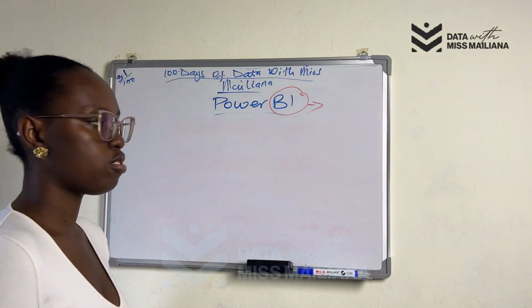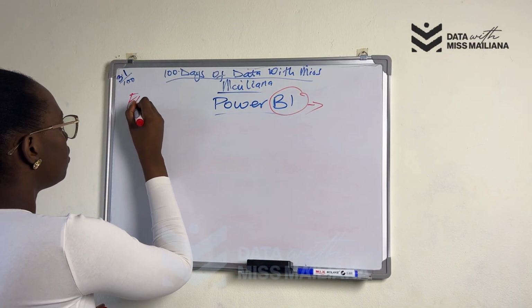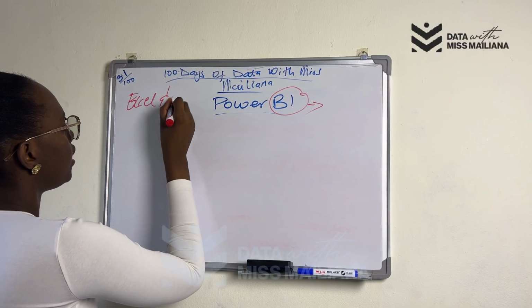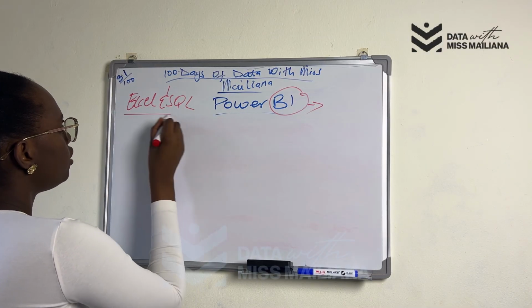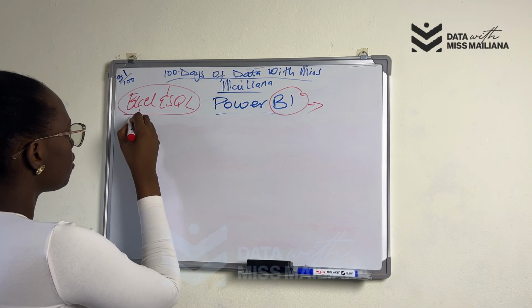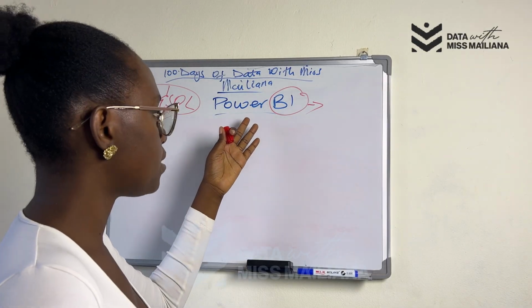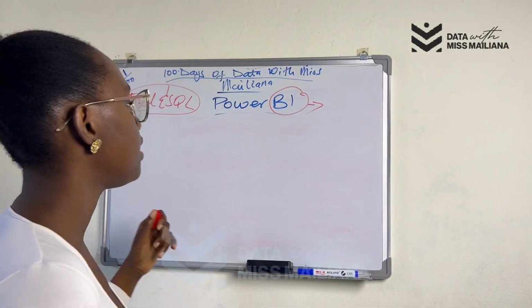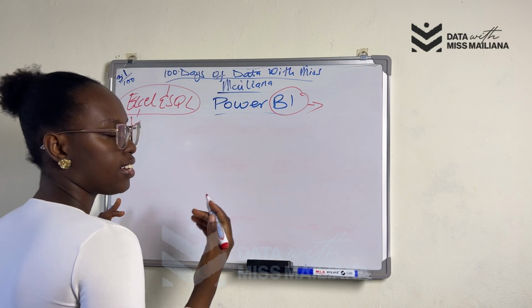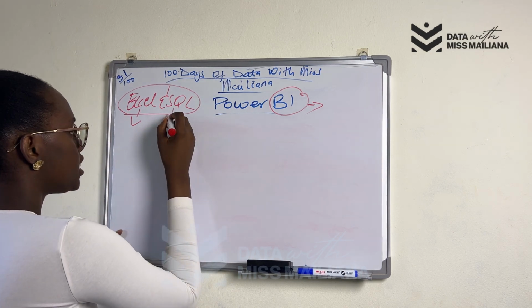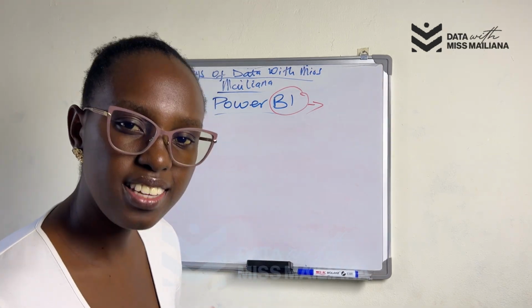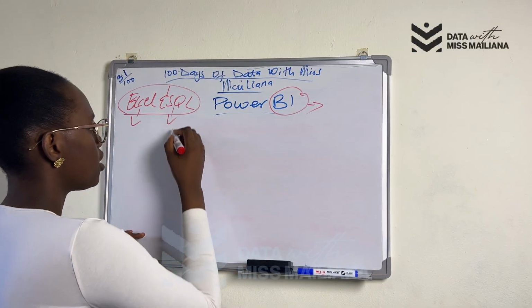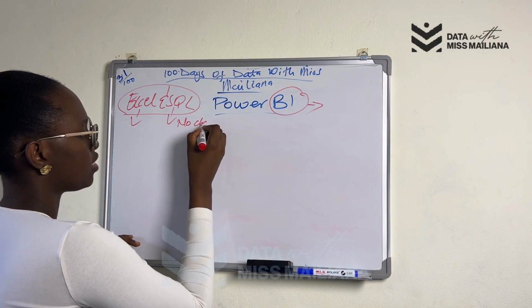All right, so we just looked at Excel and SQL. You can tell me that Excel can do a little bit of what Power BI does with the charts and everything, so you can have everything in one go. And SQL is for queries, answering questions and all that. No charts.